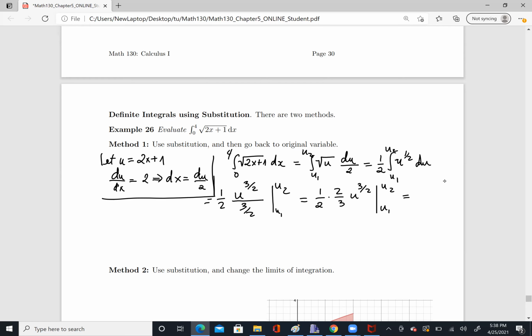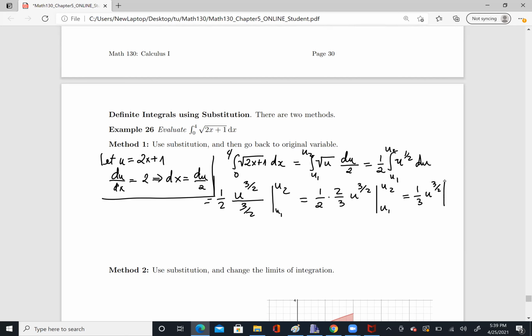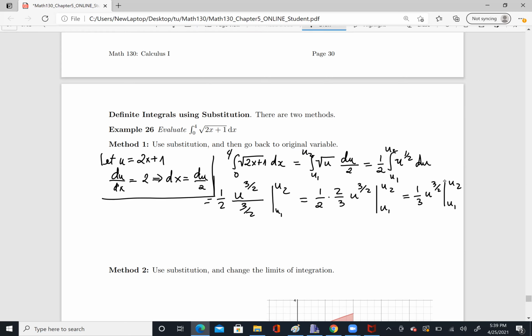Cancel the 2 and it becomes 1/3 u to the 3/2, from u1 to u2.